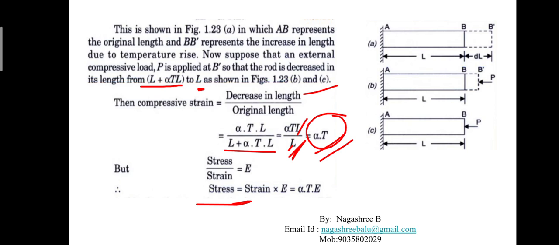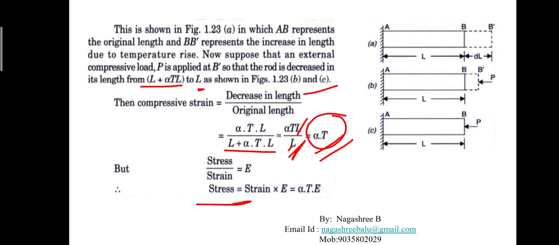Whenever the body is allowed to expand freely, if L is the length and dl is the extension of the rod, then dl will always be equal to alpha times TL. This alpha TL applies only to the condition wherein the rod is free to expand.